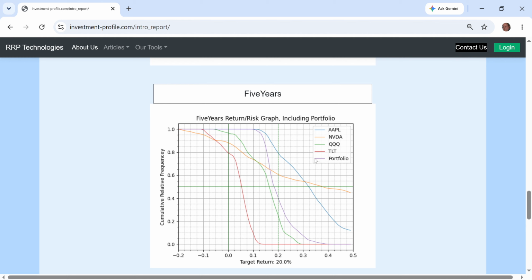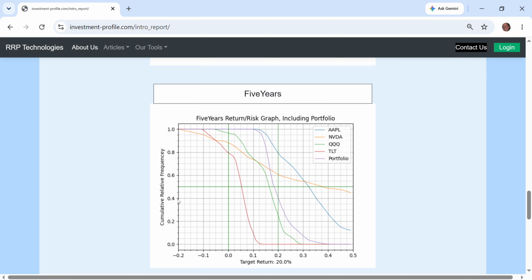And that would be 20% for each of 5 years. What you do is you look at this purple curve, you see where it crosses the vertical green dotted line above the 20% level, and you see that the probability here over on the left is only 40%.